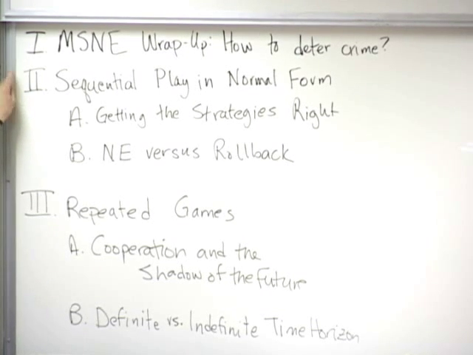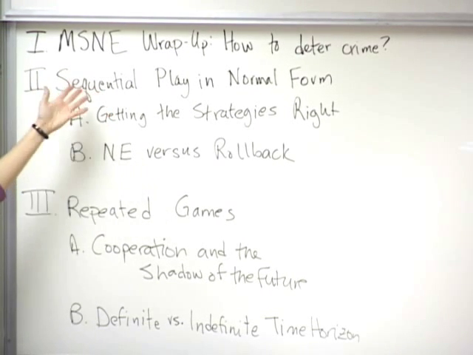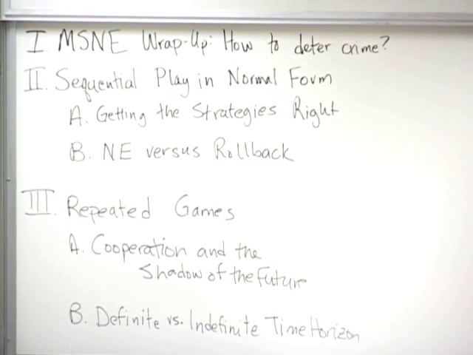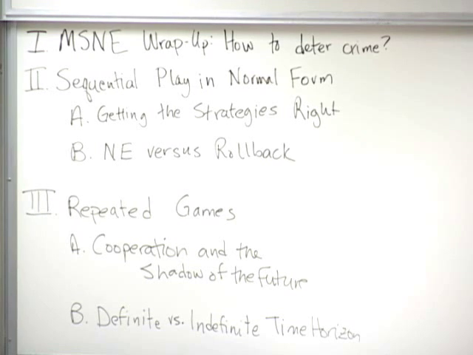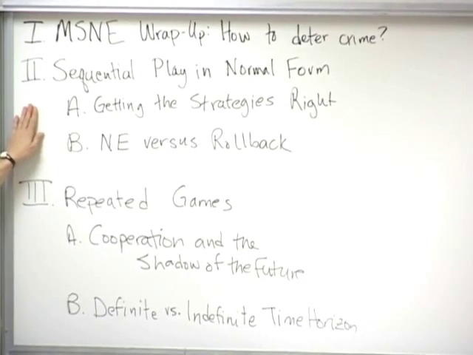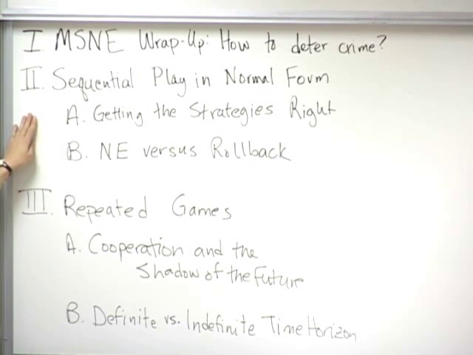I have one more thing I want to say to wrap up our discussion of mixed strategies and mixed strategy equilibria. I have a fairly small point that I want to make about representing sequential play, sequential games in normal form.